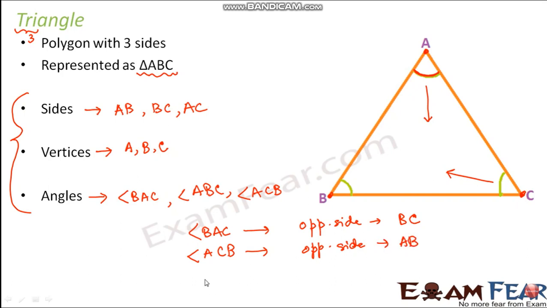And side AC is opposite to angle ABC. Is it right? So these are the sides and opposite angles.